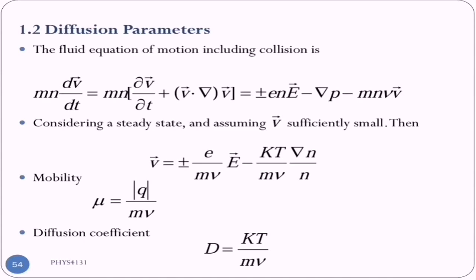We set the left hand side of the above equation equal to 0, then we have v is equal to plus minus E over m nu electric field E minus kT over m nu del n over n.